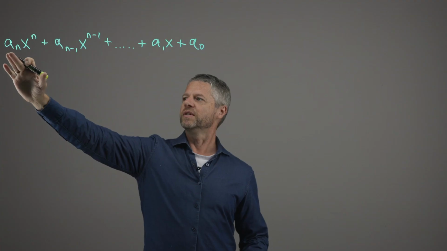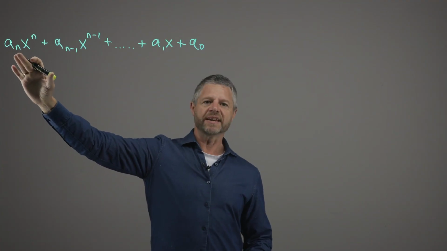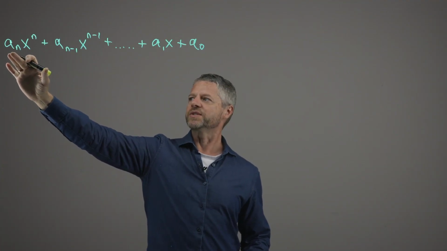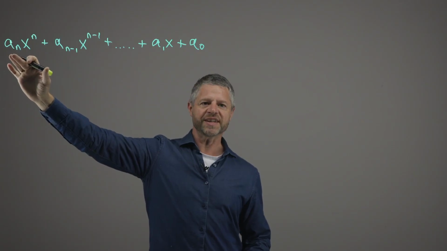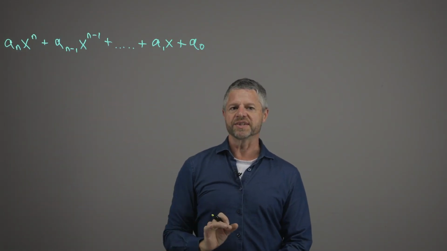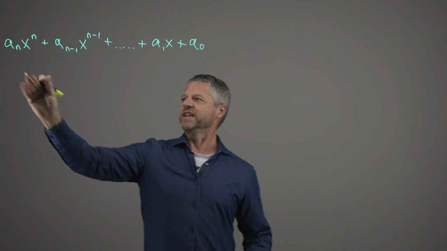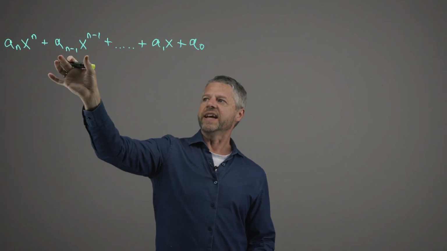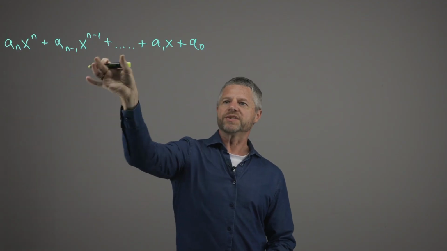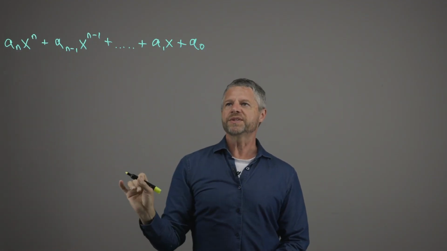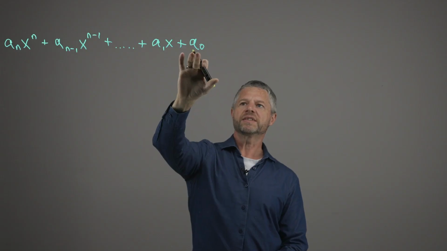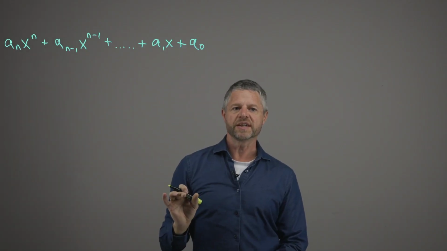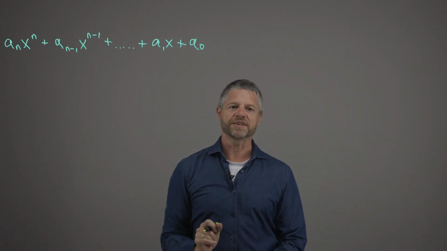The only constraint there is that the first one, which is called the leading coefficient, a_n, is not equal to 0. And each of these pieces, so the a_n x to the n, a_(n-1) x to the n minus 1, and so on, these are all called terms. And then the very last coefficient, a_0, is called the constant.